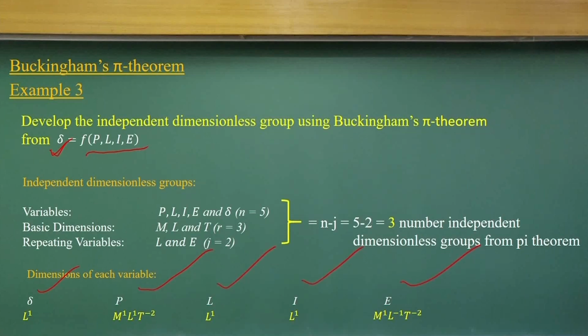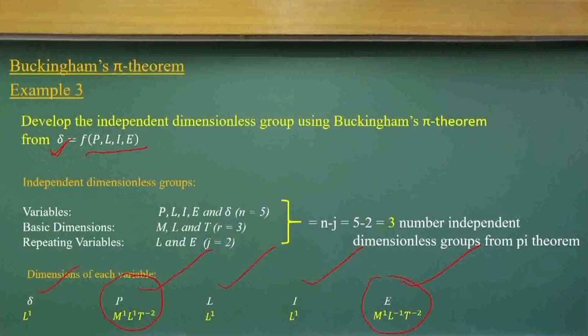In this case, what you have to look at is that when you have these two variables with mass in their dimensions, we cannot combine three variables to make a non-dimensional form. Only two variables can be considered to make a non-dimensional form.